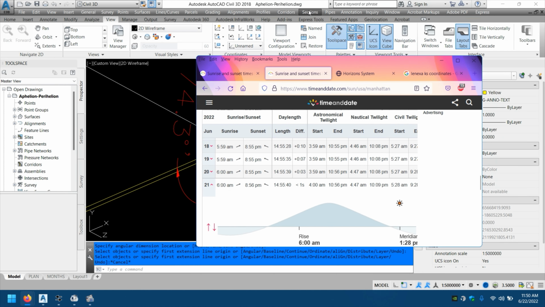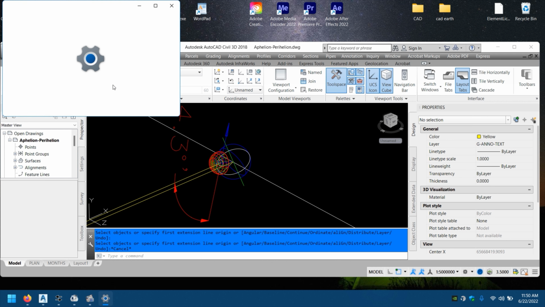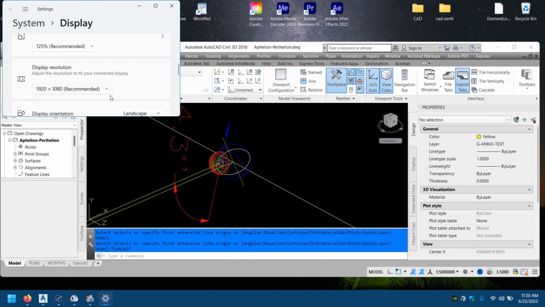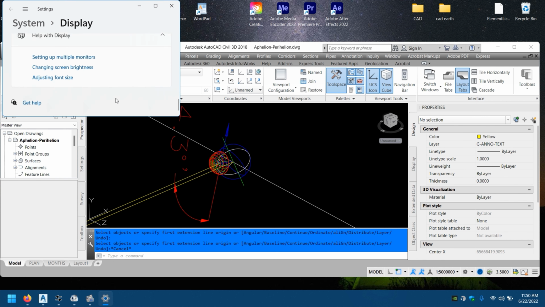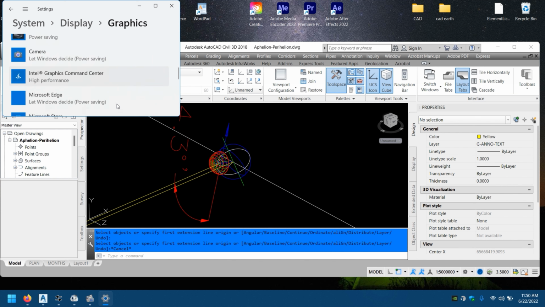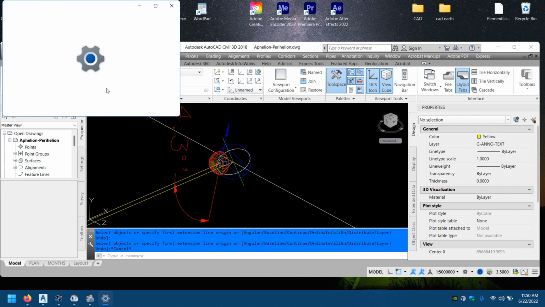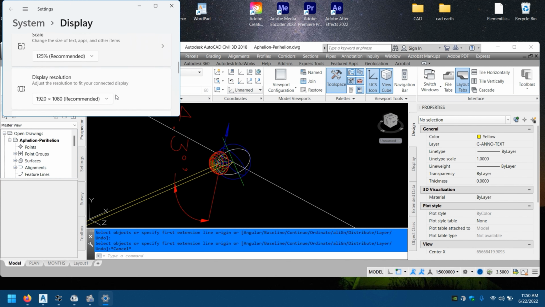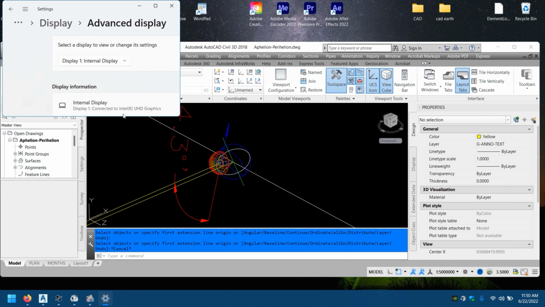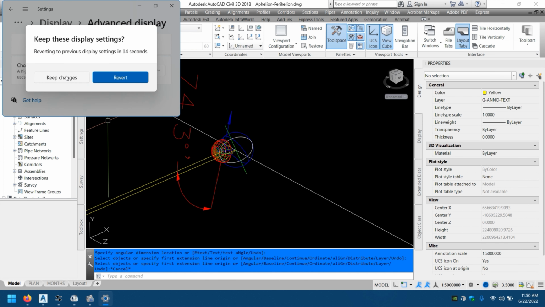Let me get my computer fixed. I got 144 hertz, but it screams at me. I gotta lower it down to 100 or 60 hertz, and then it goes away. Alright.